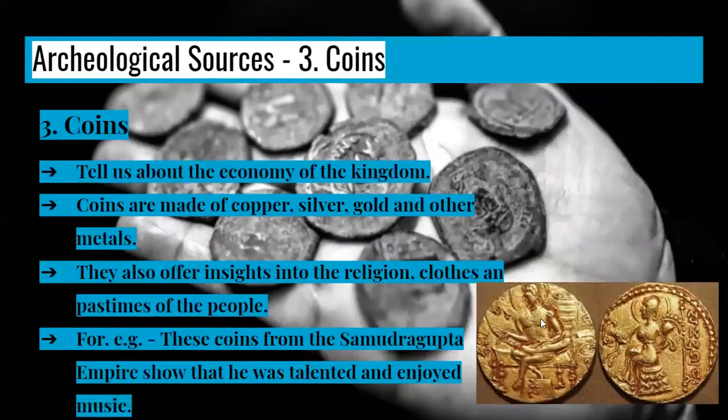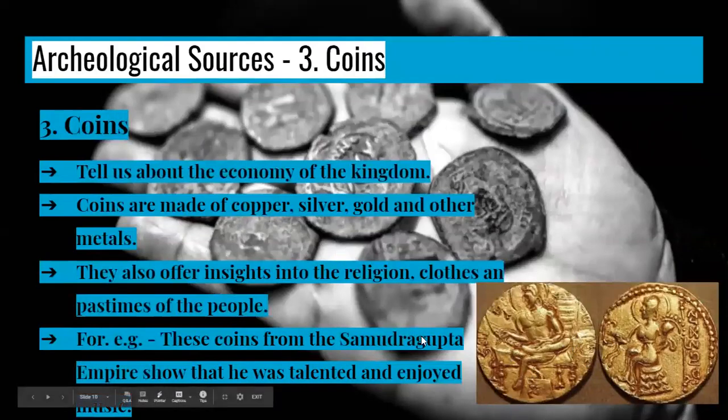Now, they also offer very interesting insight into the religion, the clothes, and the pastime of the people. For example, do you see these two coins? These two coins were made by Samudragupta, so this is from the Samudragupta Empire. These two coins show that he has a lot of musical instruments in his hands. He's surrounded with music.